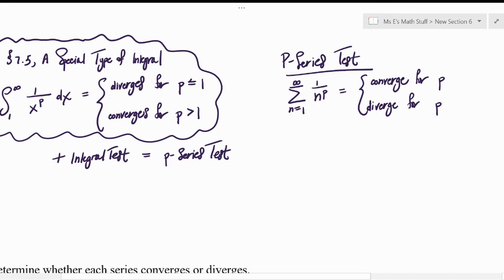So if your p-value is less than or equal to 1, you've got something, oops, I have this backwards. I wrote the wrong word, sorry. Diverge. Sorry. Converge. There we go. Okay, it will diverge for the same p-values that made the other one diverge, and it will converge for the same p-values that made the other one converge.